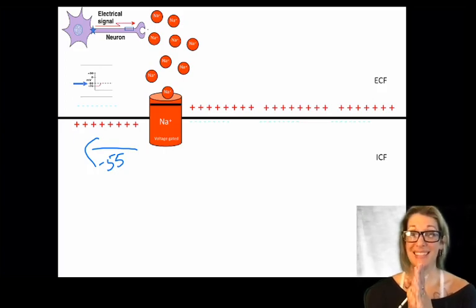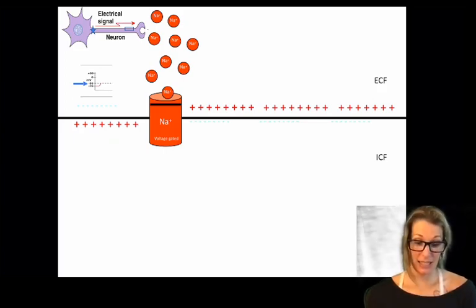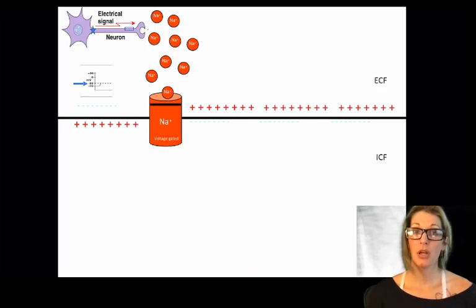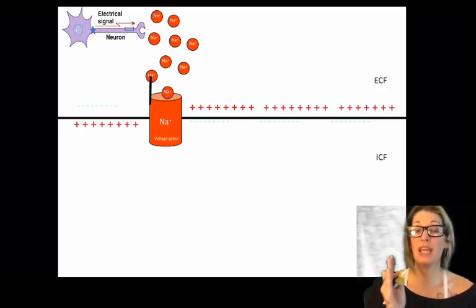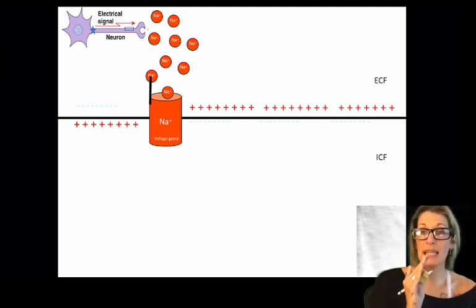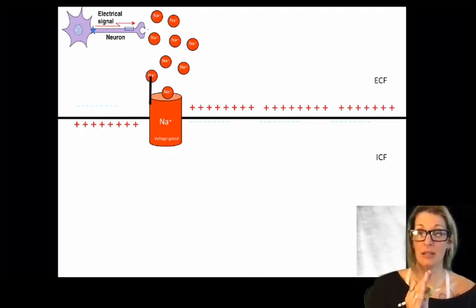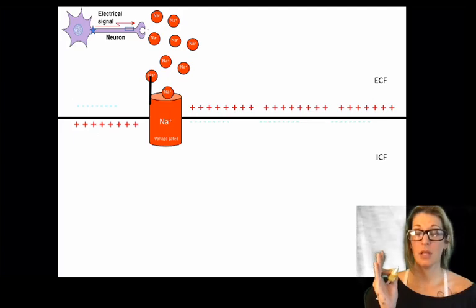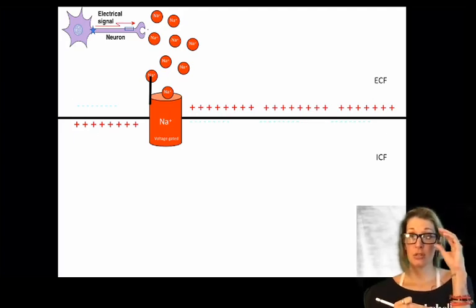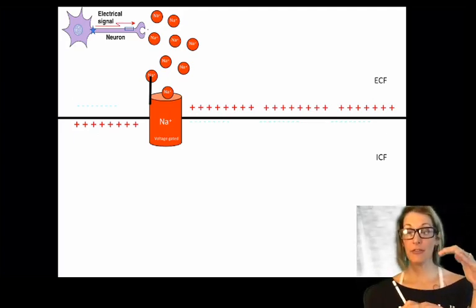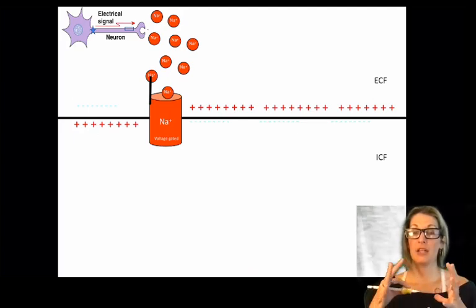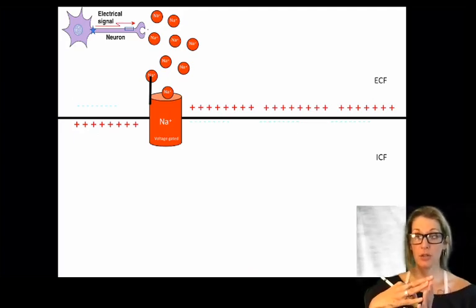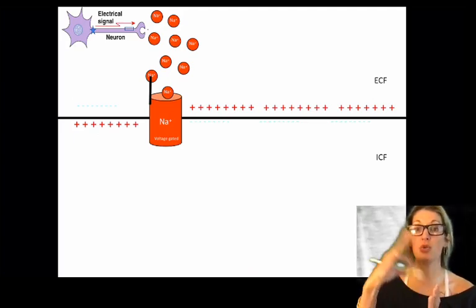And what that does is it triggers the voltage-gated sodium channels in the axon to open. So we changed the charge enough that it triggered those voltage-gated channels to open.